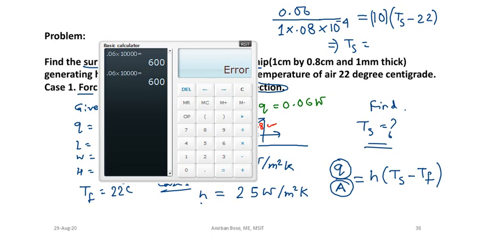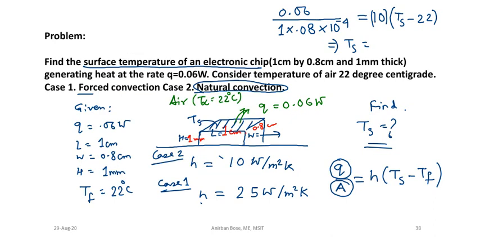Okay, forget about it, let us solve it. 0.06 divided by 0.08, it is coming 750.